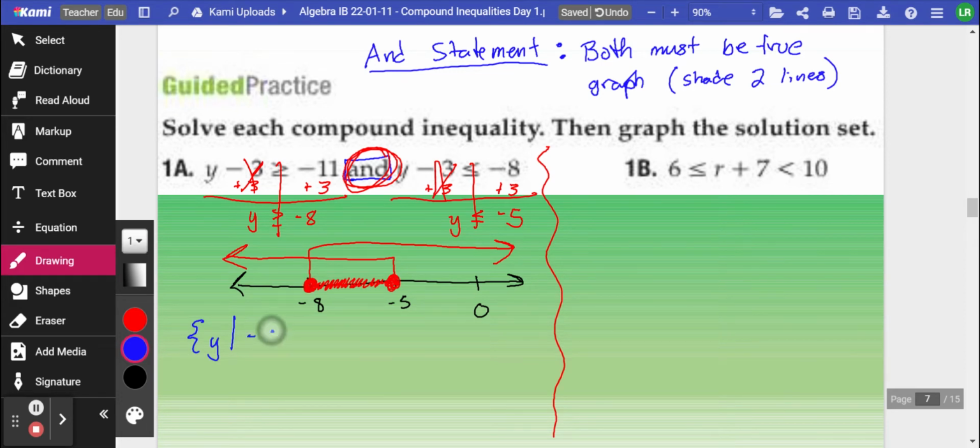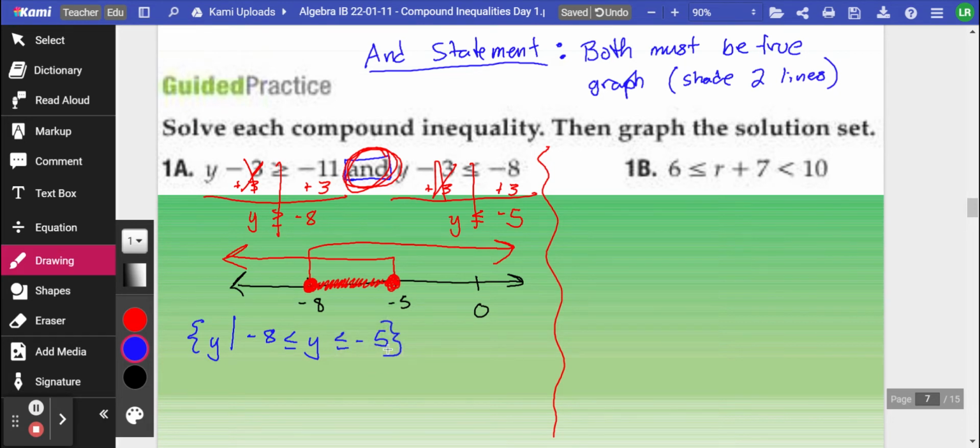So I have negative 8, and then in the middle is the shaded part. So I put my y, and then on the right is the negative 5. And then I fill this in with versions of less than. So you got to pay attention whether it was less than or equal to. So that's a closed dot. So that's less than or equal to. That is also a closed dot. That is less than or equal to.